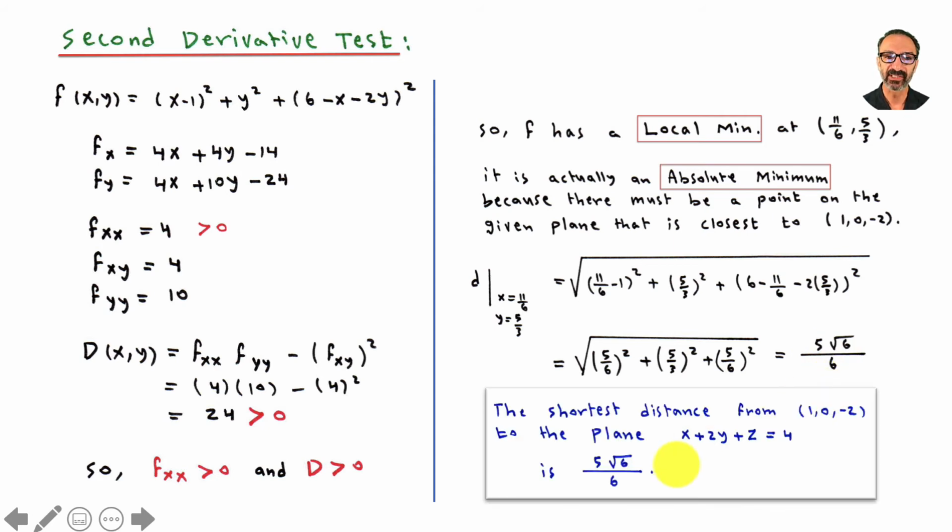So the shortest distance from (1, 0, -2) to the plane x plus 2y plus z equals 4 is 5 square root of 6 over 6. And that should do it.